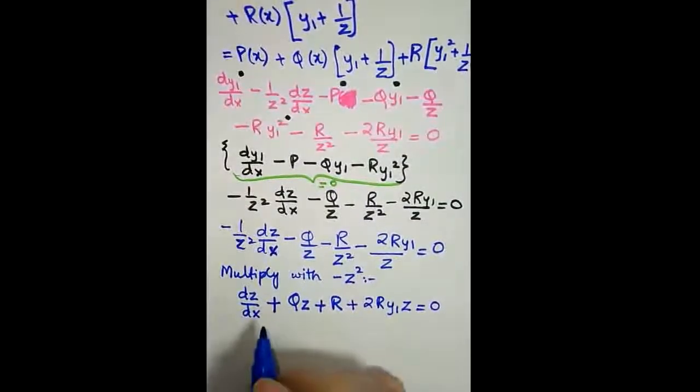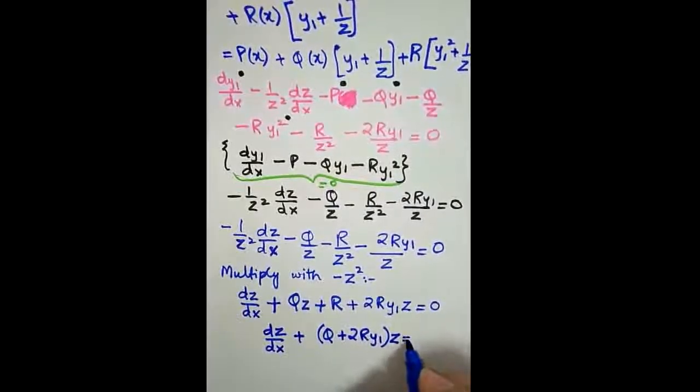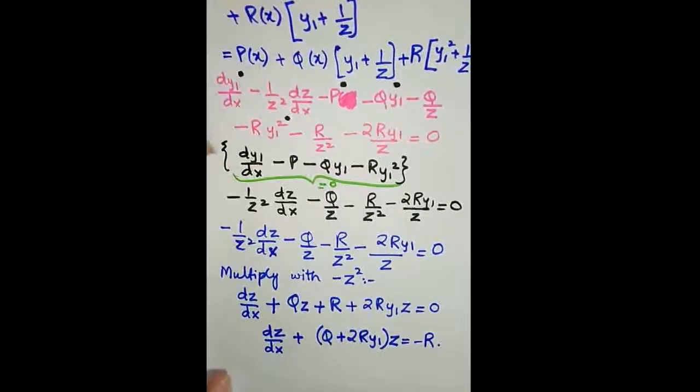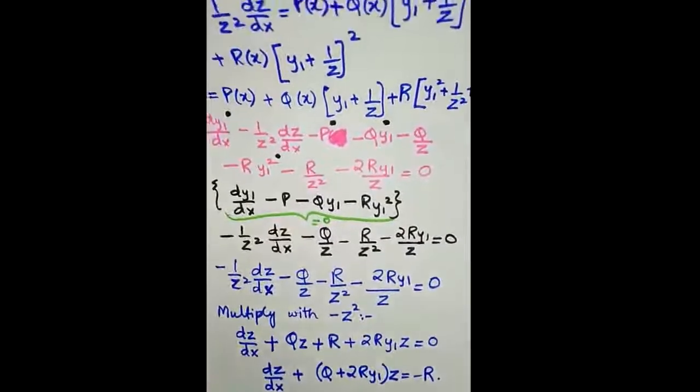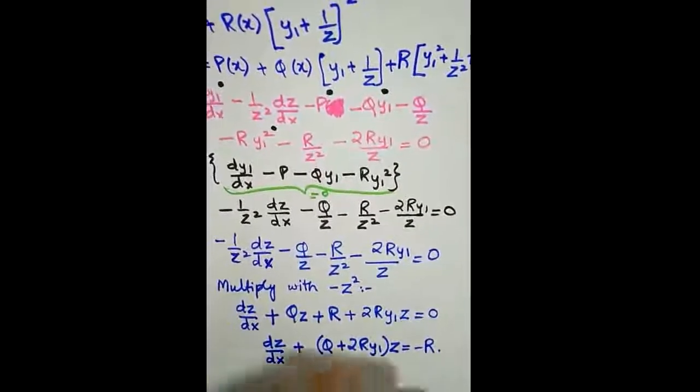So dz by dx plus (q plus 2r y1) into z equals to minus r. So this term is linear in z, right?